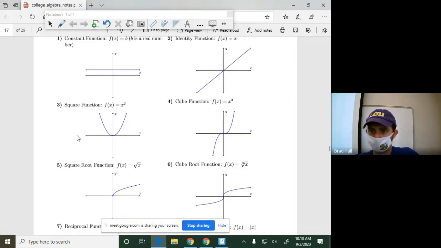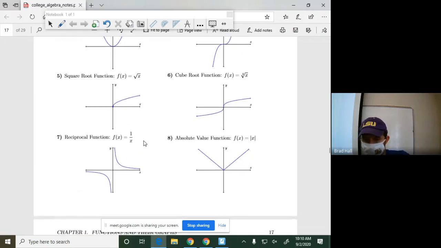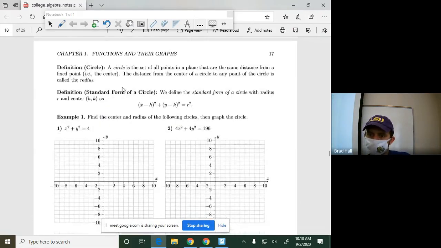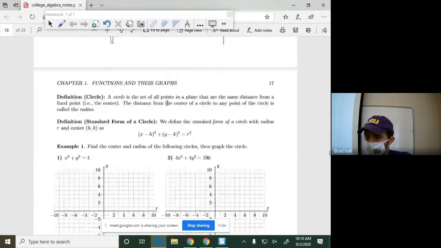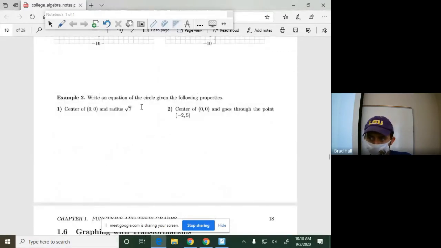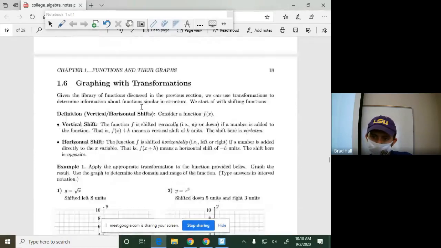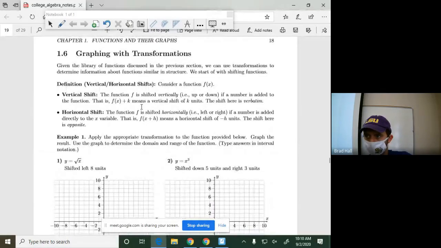So square, cube, and square root. And like I said, circles are all gone, so this whole page in the notes, I'm not even going to touch it. So really, the next thing that has any substance is graphing with transformations.